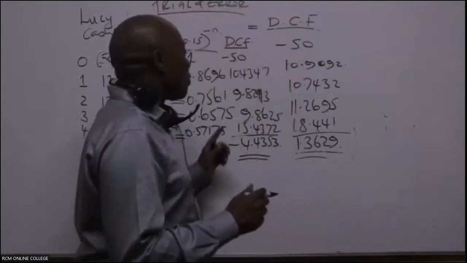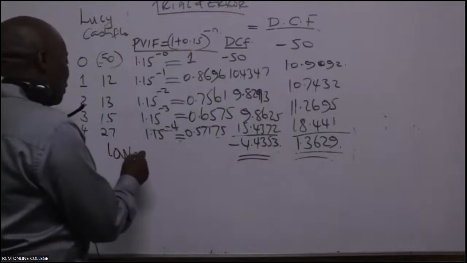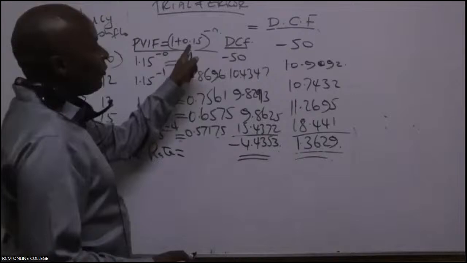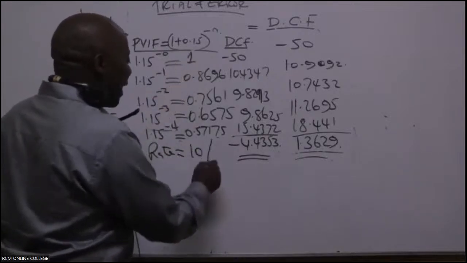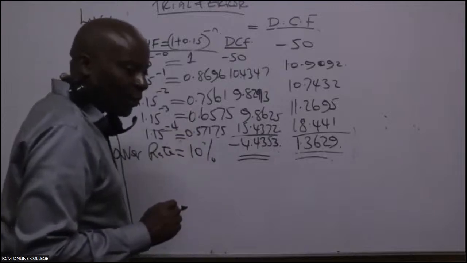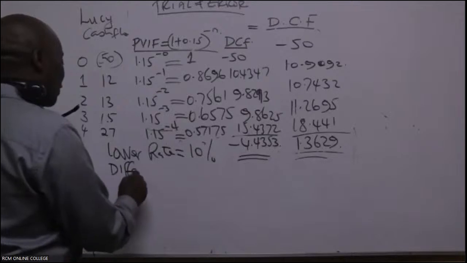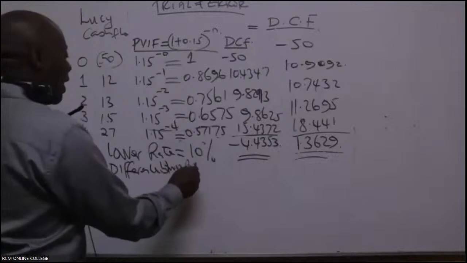So what I need to do is identify a few things. I would want you to give me the lower rate. We have two rates, 10% and 15%. The lower between the two is 10%. Then give us the difference between the rates.